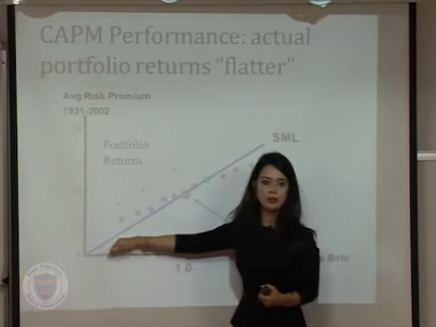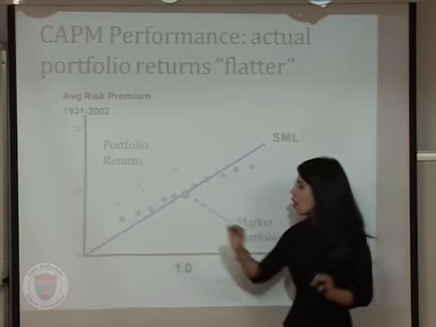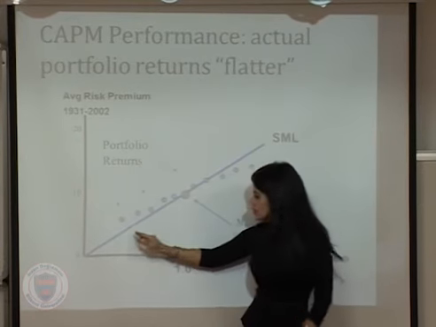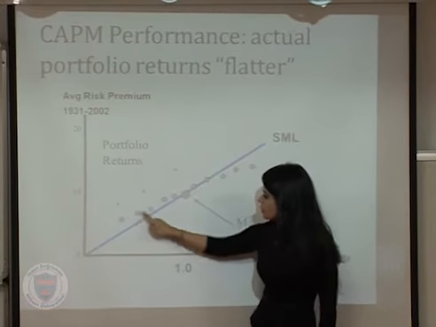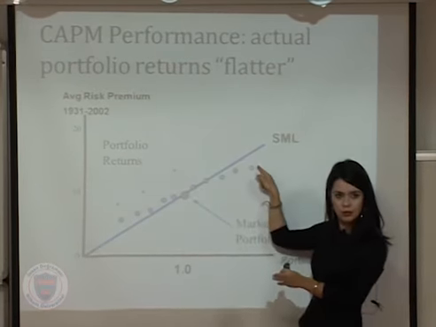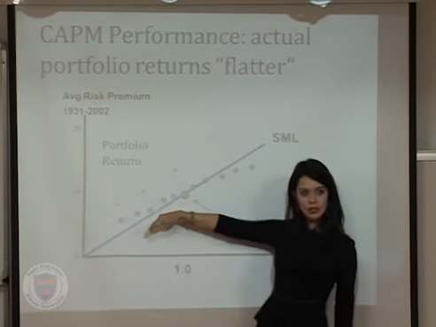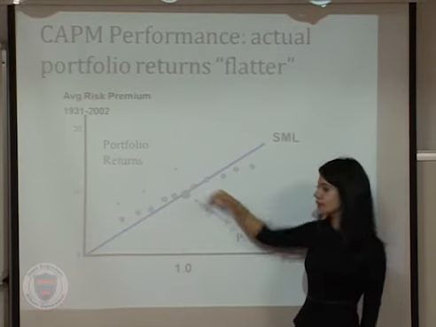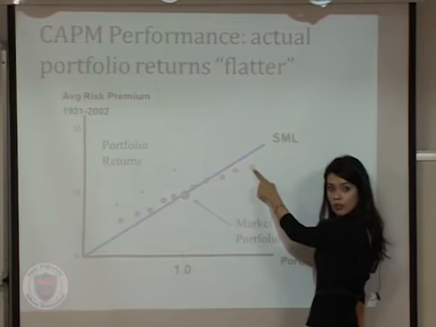So this is the security market line. If CAPM worked wonderfully, all the portfolios should lie on the security market line. So you have 10 different portfolios. This is the high beta portfolio with your oldest uncle.